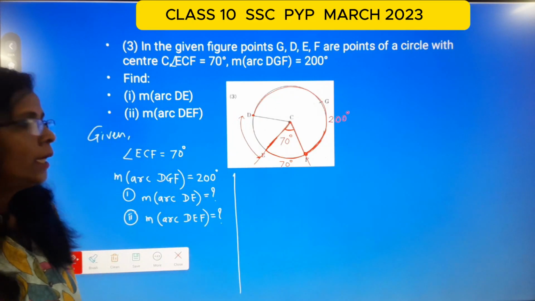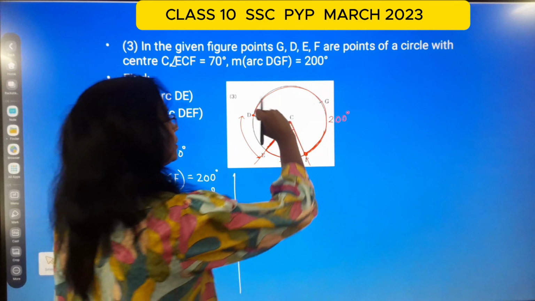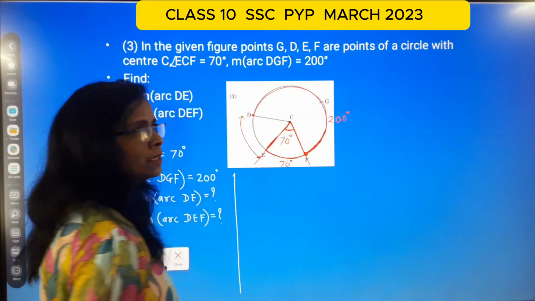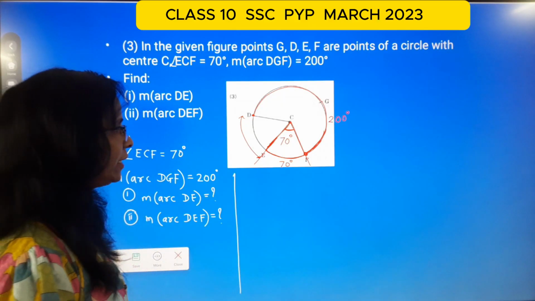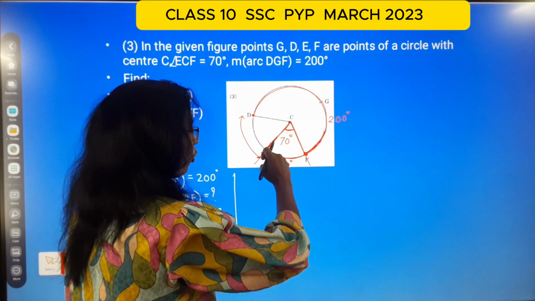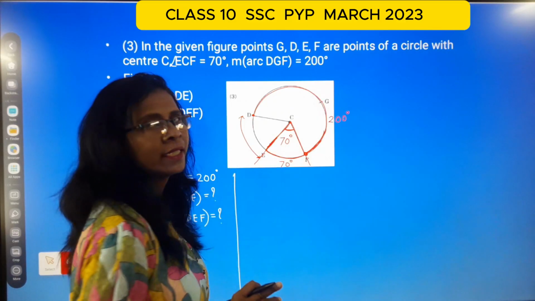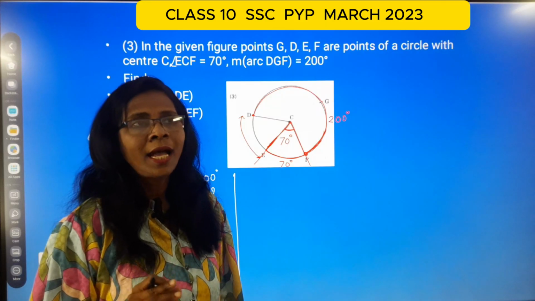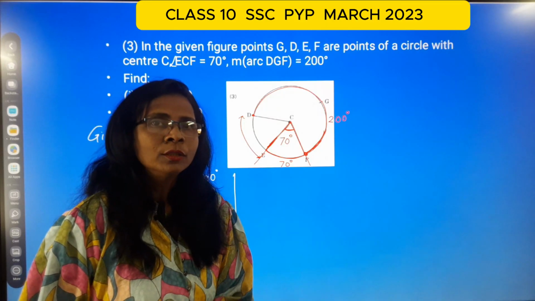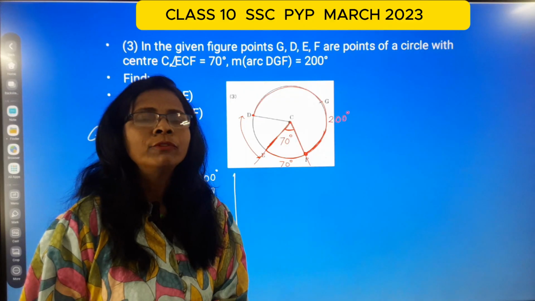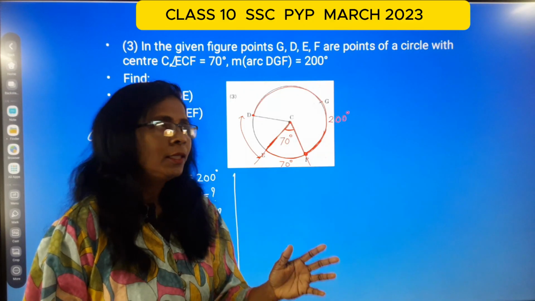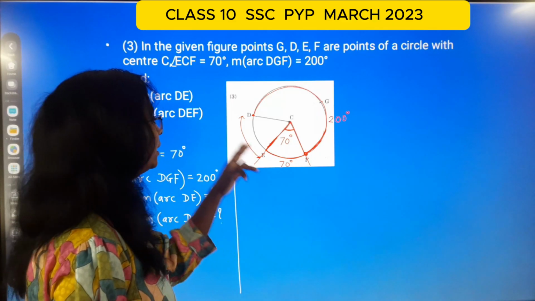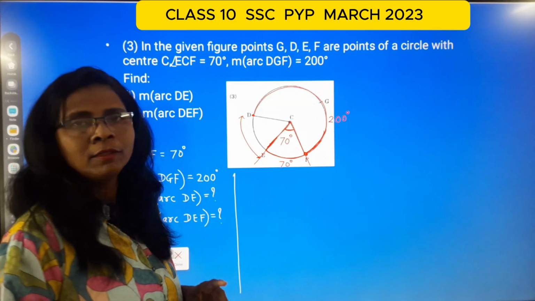So this arc, that is 200 plus 70, that means this whole arc will be 270 degree. And here we can use the property of the measure of the arc, 360 minus 270, then you can get the major arc DE.